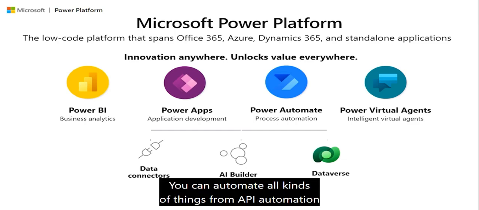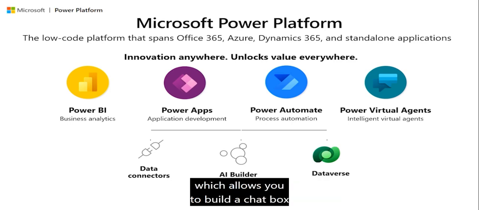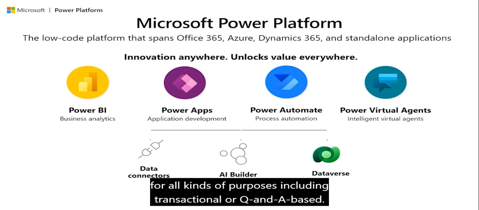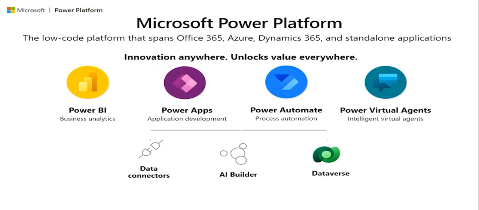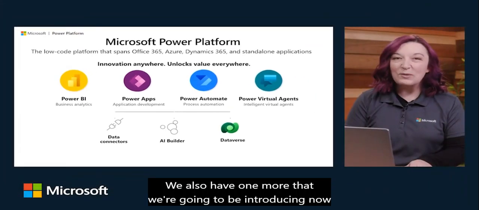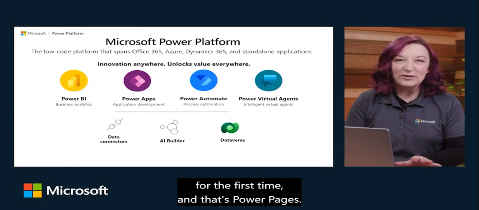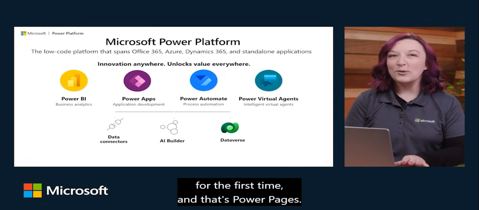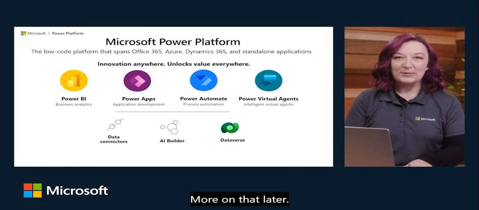You can automate all kinds of things, from API automation to robotic process automation. We have Power Virtual Agents, which allows you to build chatbots for all kinds of purposes, including transactional or Q&A based. We also have one more that we're going to be introducing now for the first time, and that's Power Pages. More on that later.